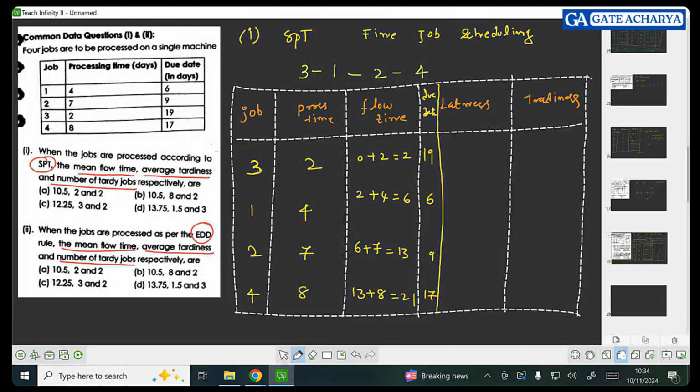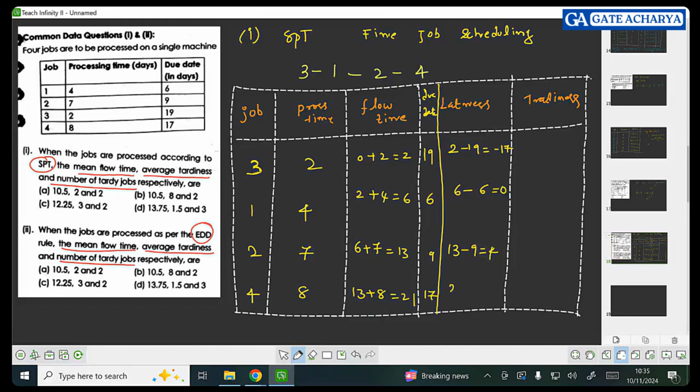Now here, what is the lateness? Lateness is equal to flow time minus due date. Flow time 2 minus 19 is minus 17. Next, 6 minus 6 is equal to 0. Next, 13 minus 9 is 4.